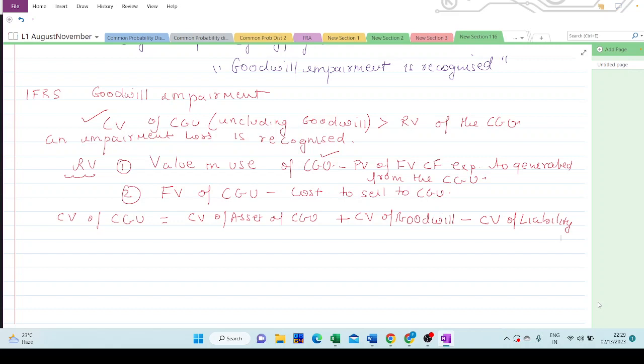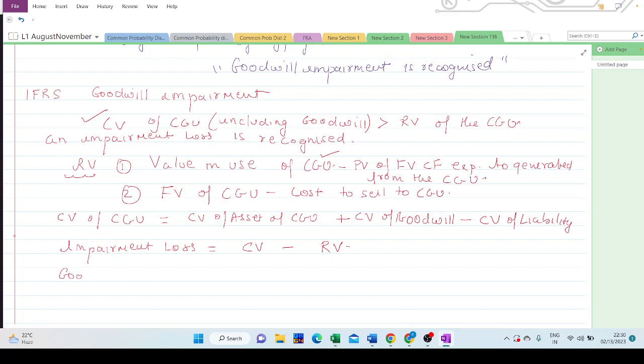Now, one more last point, write it down here, guys. So if the carrying value of the CGU is greater than the recoverable value of the CGU, an impairment loss is recognized. Impairment loss equals carrying value of the CGU minus recoverable value of the CGU.